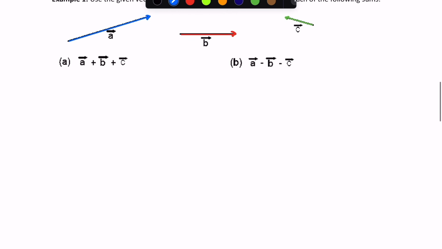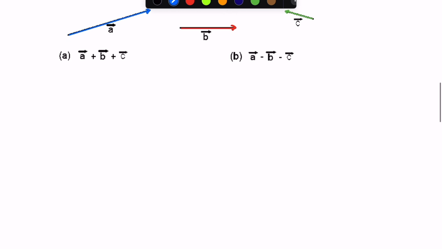Okay, so if we draw vector A, so here we'll draw vector A first.